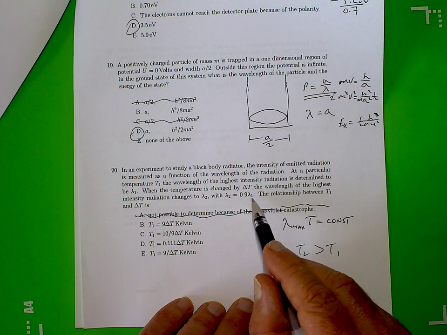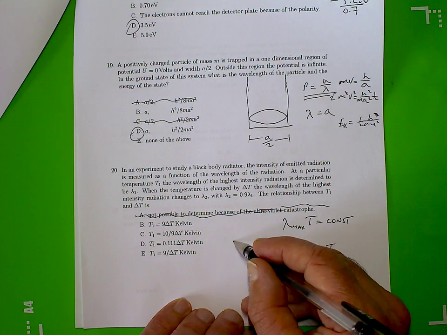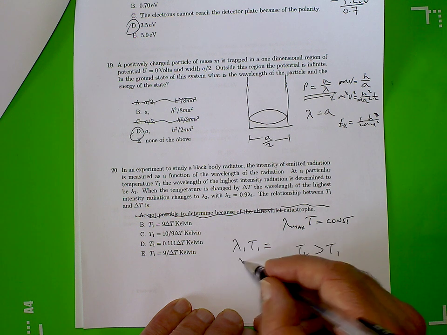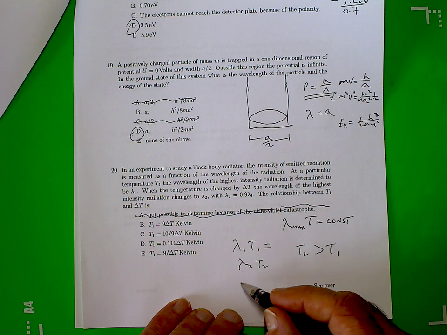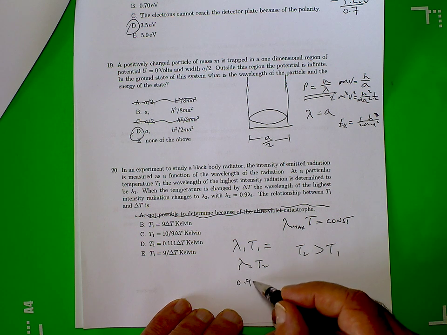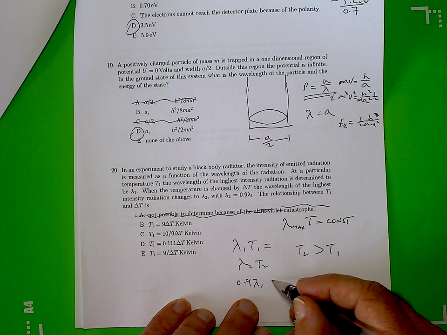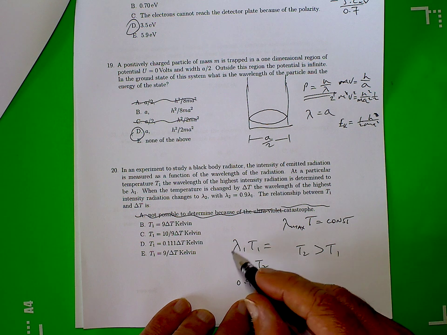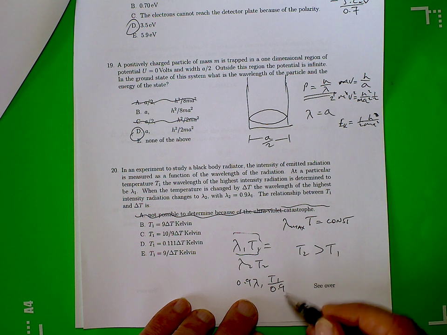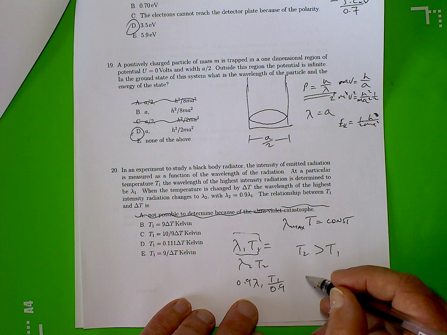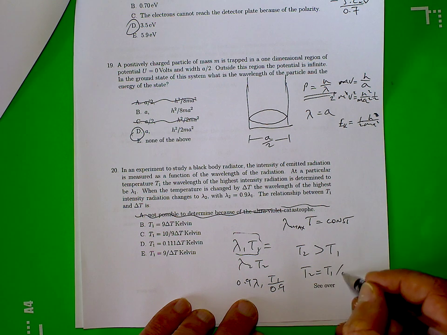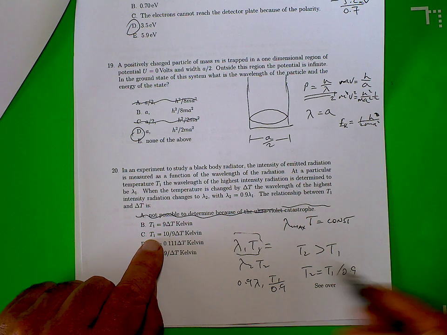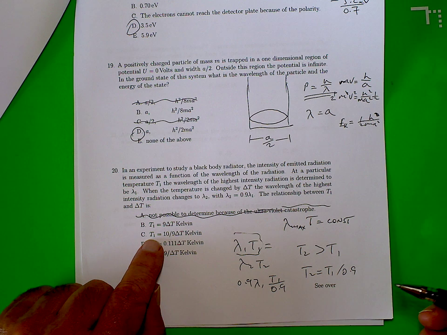So we have lambda 1 T1 equals lambda 2 T2, and lambda 2 is 0.9 lambda 1, therefore T2 must be T1 over 0.9, because it has to equal that still. So T2 equals T1 over 0.9. Oh, however, that's not what we were asked.